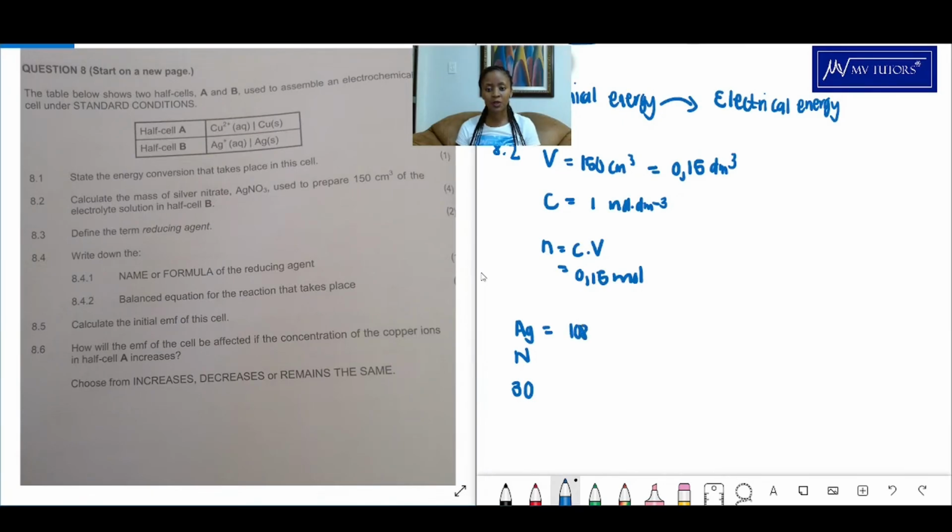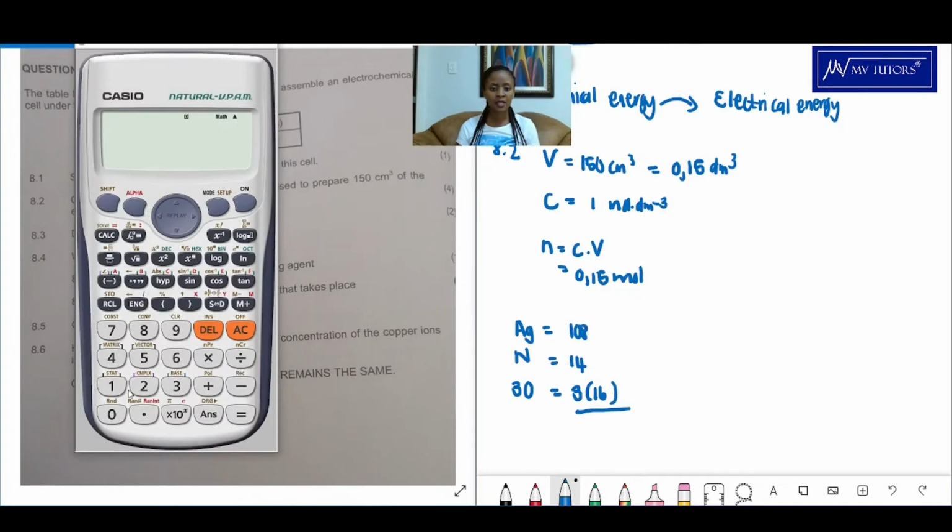Nitrogen should be 14, and oxygen should be 16, so 3 times 16. If we sum all of that, it'll be 108 plus 14 plus 3 times 16, and that is 170 grams per mole.